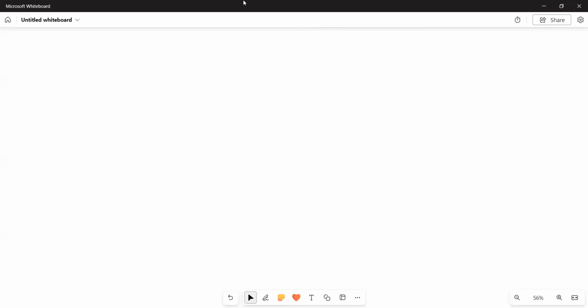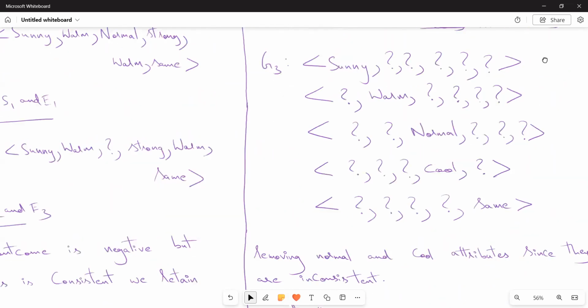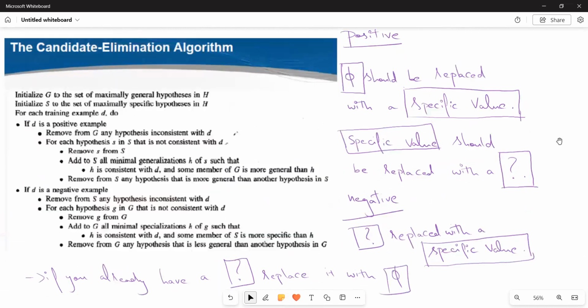Have a look at the hypothesis which you have looked into.